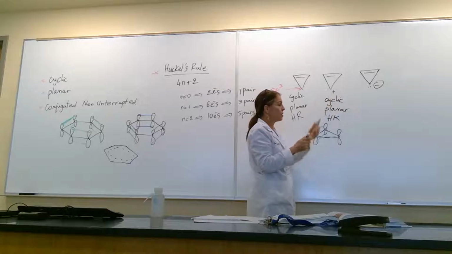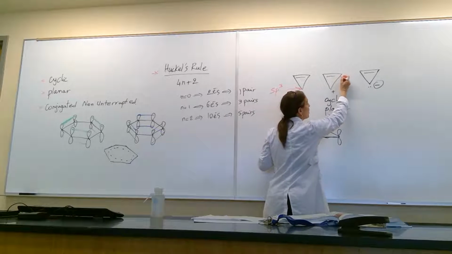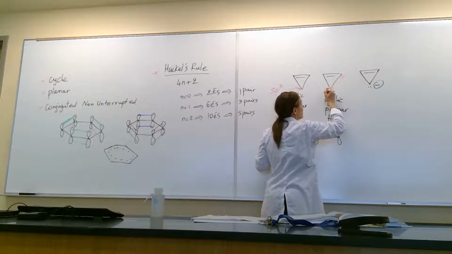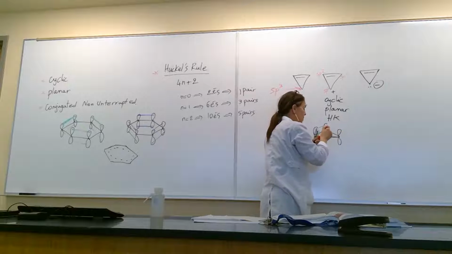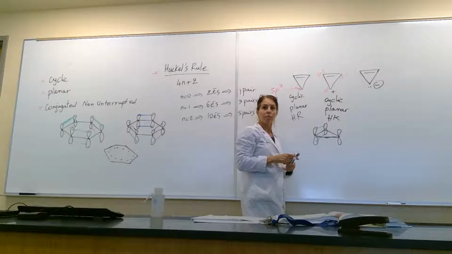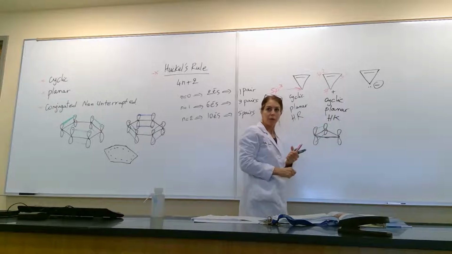What is the hybridization here? Just sp3. What's this? sp3. And this is? So this is sp2, but it's empty. So what can happen here? The electrons can also move. That's called conjugate.